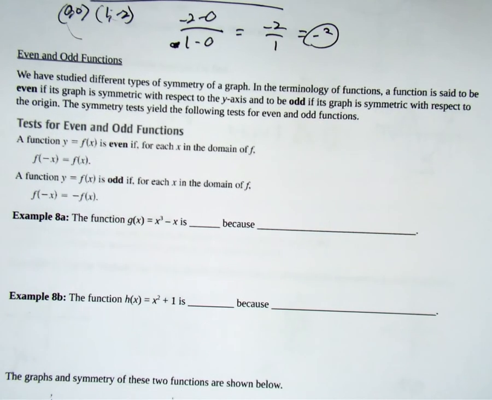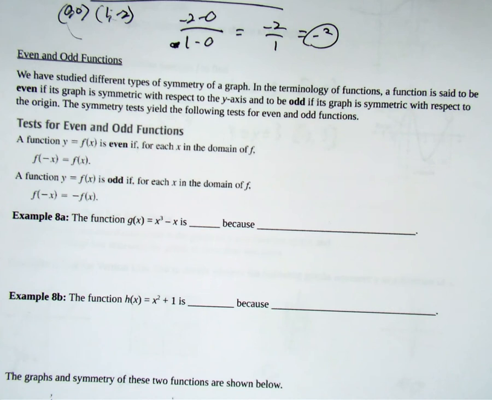Even and odd. We talked a little bit about this in Algebra 2. So you're just getting a bunch of stuff thrown at you here from Algebra 2. In the terminology of functions, a function is said to be even if its graph is symmetric with respect to the y-axis, and odd if its graph is symmetric with respect to the origin.